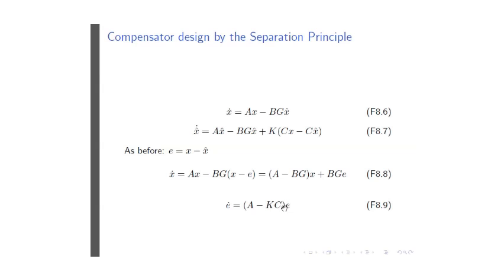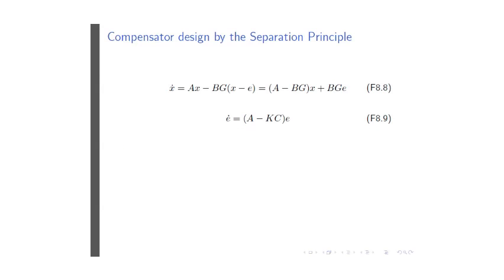And now I can put these two equations in a matrix. I think I'll repeat this on the next slide, most probably, yes. This is just the same equations as on the previous slide, but this can now be placed in a matrix form like this. The two left-hand sides. Now note that the vector x and x dot and e and e dot are all of the same length, namely of length k if I've got a kth order system.